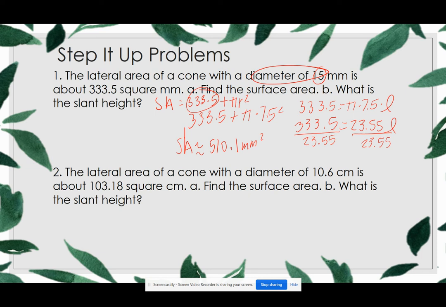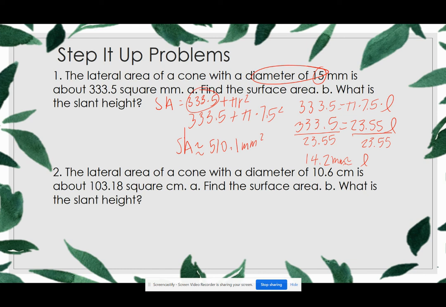Make sure you're writing all of this down. So we get L as approximately 333.5 divided by 23.55, 14.2. And we label this as millimeters only because it's just like a side length.